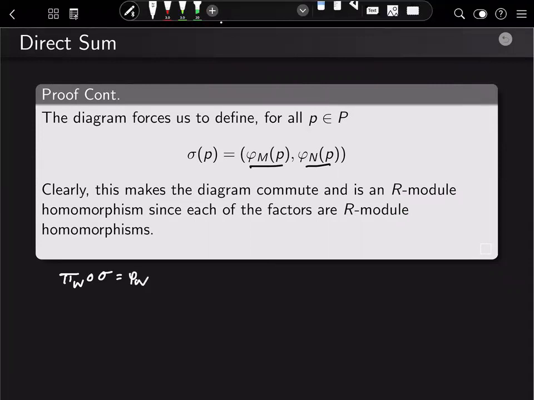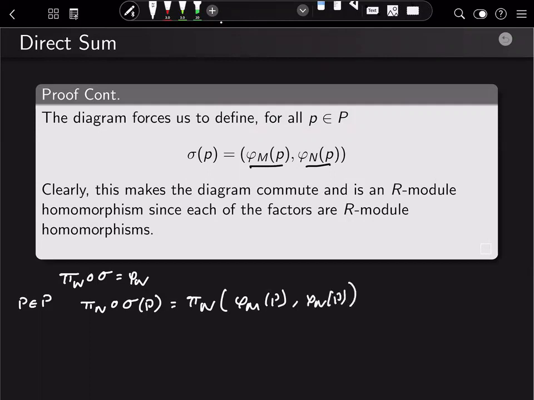So we see that if we have p, pi sub n composed with sigma of p, from our definition, is pi sub n of phi sub m of p, phi sub n of p.